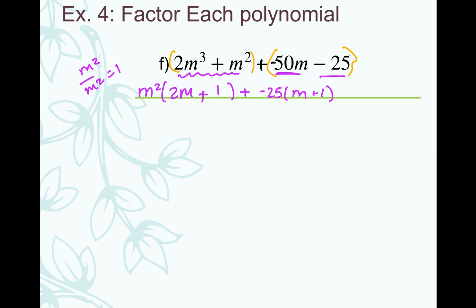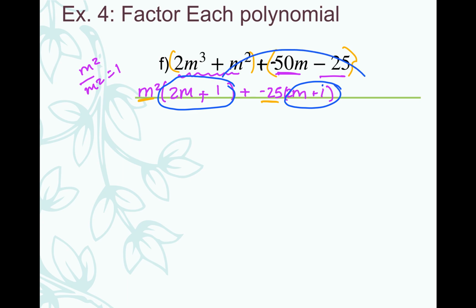And again, that's because I'm dividing each term. I'm dividing negative 50m by negative 25, which gives me, whoops, sorry, that was supposed to be a 2m. There we go. And negative 25 divided by negative 25, that's just 1. Now I can recognize that both my terms, both this m squared and this negative 25, are being multiplied by 2m plus 1 and 2m plus 1.